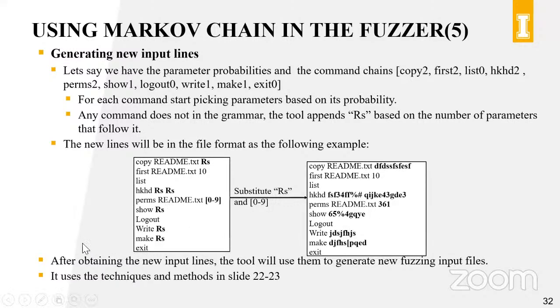After obtaining the new input lines, the tool will use them to generate new fuzzing files. We are going to use the same strategies, methods, and techniques as in slides 22 and 23.